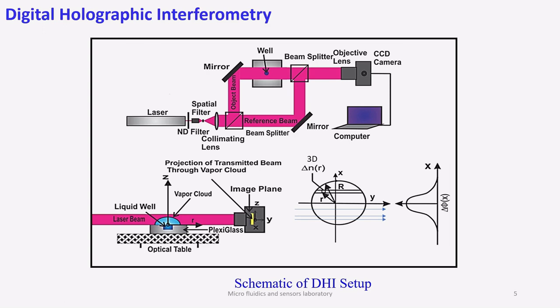We put the droplet here, the laser beam goes here, interacts with the vapor cloud, and we record it in the camera.